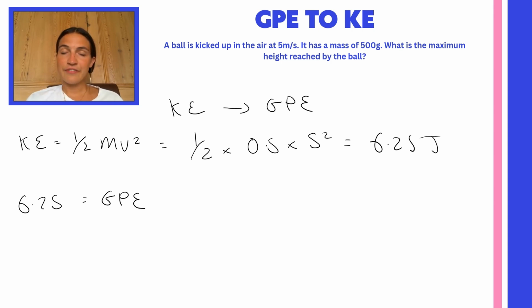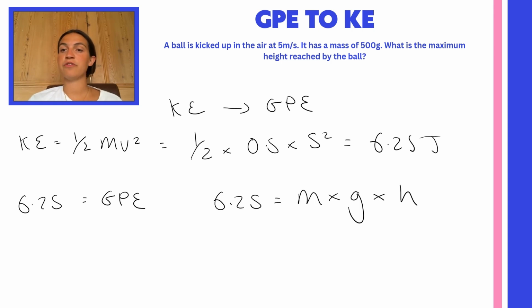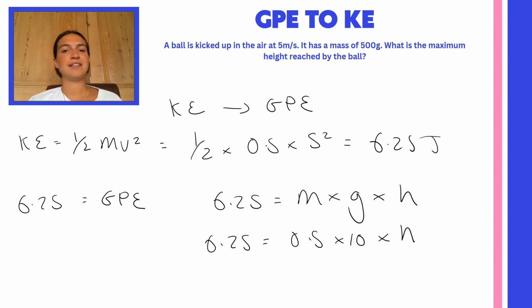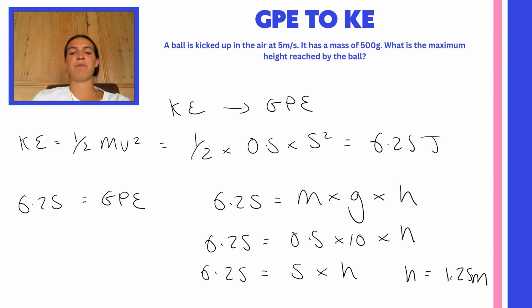So then if I set that 6.25 equal to mass times g times h, then I end up with 6.25 is 0.5 times 10 times h. 6.25 is 5 times h, and then dividing that 6.25 by 5, I get my height to be 1.25 meters.